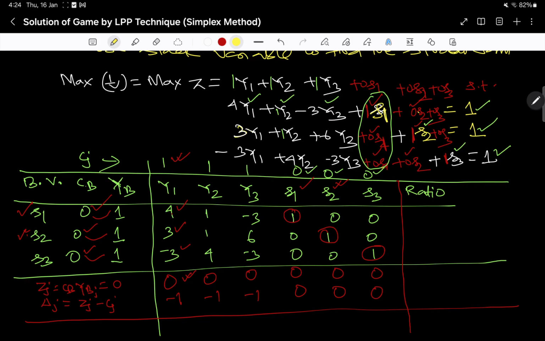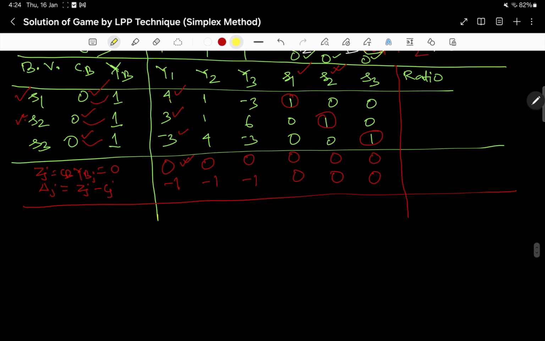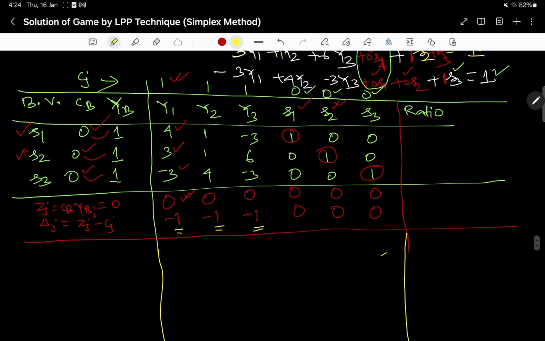Now as an incoming variable, the most negative will enter into the solution. You see from this, which is the most negative, that will be entered into the solution. So now these are all the same, okay. So arbitrarily we may enter any one. Suppose I select this as the entering variable.